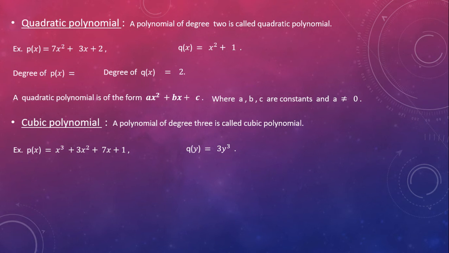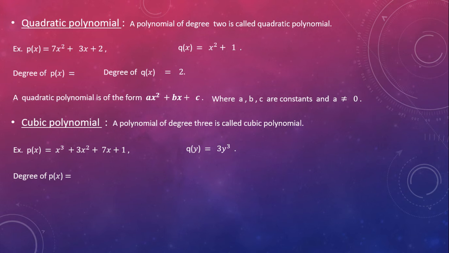Next, qy equals to 3y cube. Therefore, the degree of the polynomial qy is 3, since the highest power of y in this polynomial is 3. Therefore, px and qy, these two are the examples of cubic polynomial.